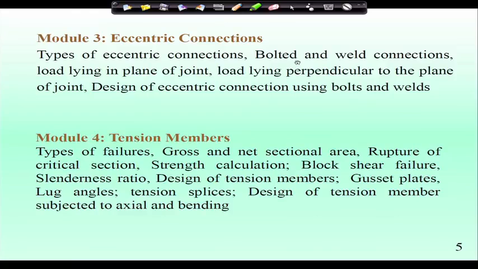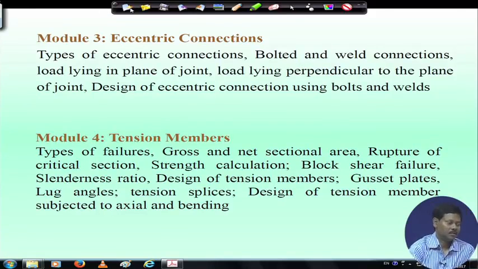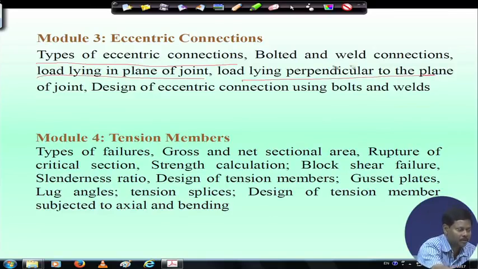Then in the next module we will discuss eccentric connections, because sometimes connections become eccentric in terms of loading. So, different types of eccentric connections are observed. Then bolted and welded connections with load lying in the plane of the joint and load lying perpendicular to the plane of the joint. Two types of eccentric connections are observed: one is load lying in the plane of the joint and the other is load lying perpendicular to the plane of the joint.